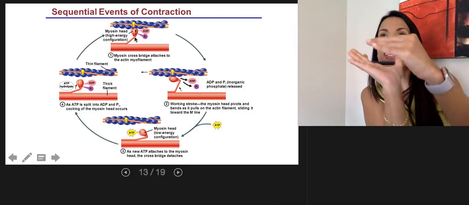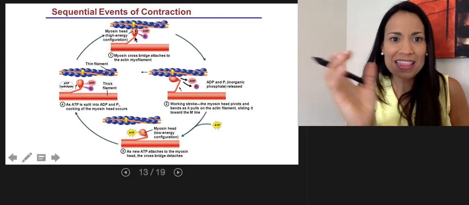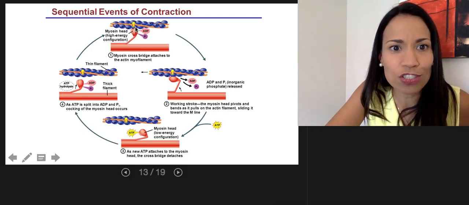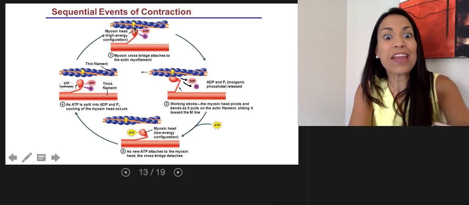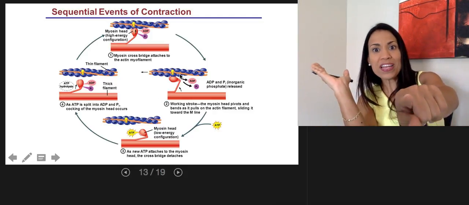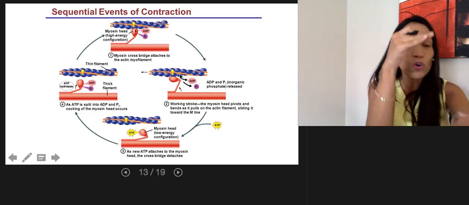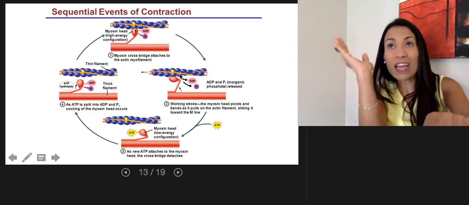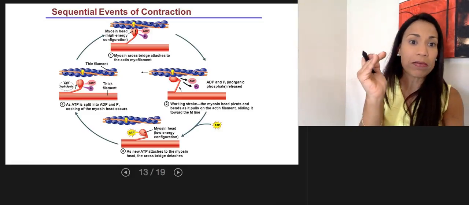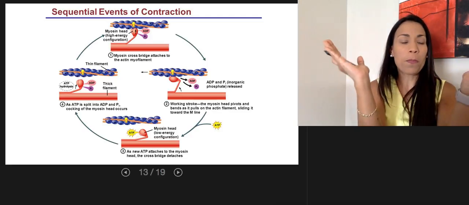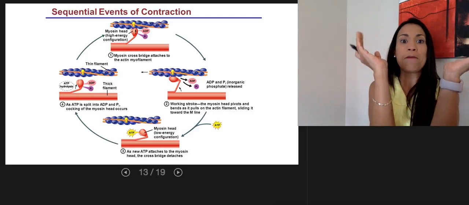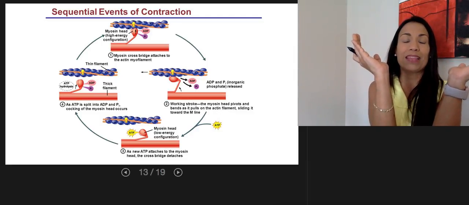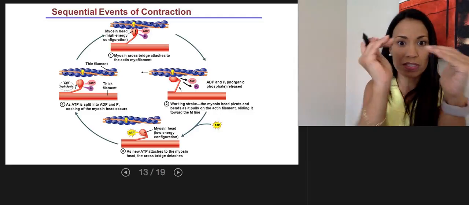Then the myosin head attaches to the actin filament right on this place and pivots, moving the actin filament towards the midline. This is happening at the same time on the other side, so both myosin heads move the actin filament towards the middle.